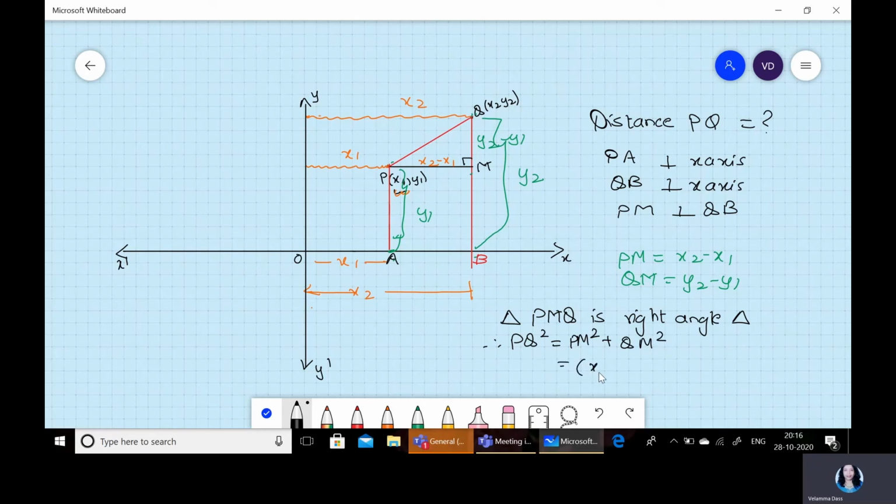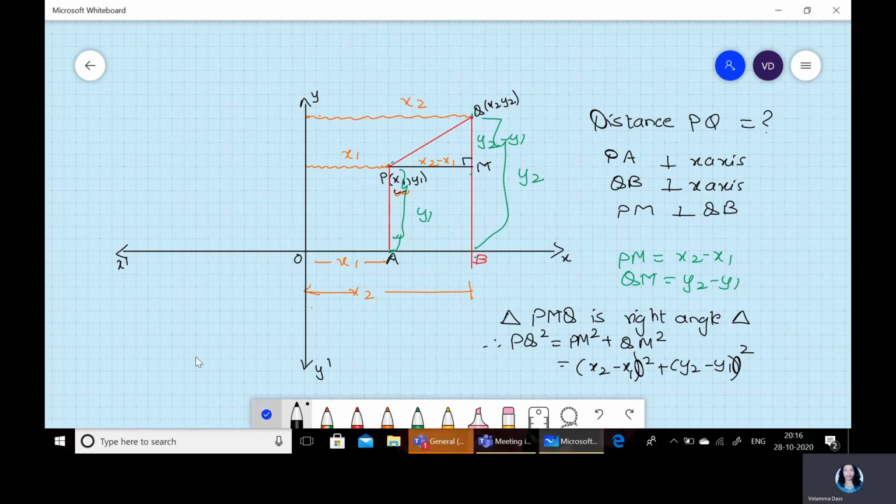PM square is (x2 minus x1) the whole square, plus (y2 minus y1) the whole square.